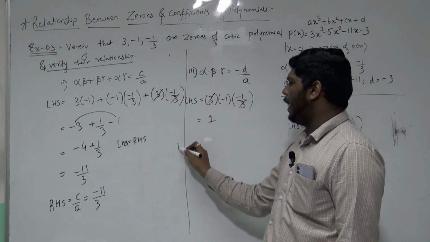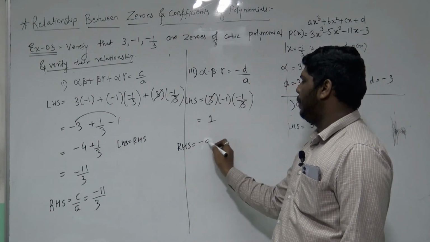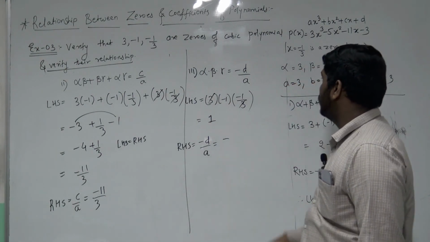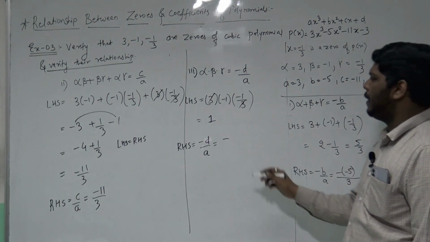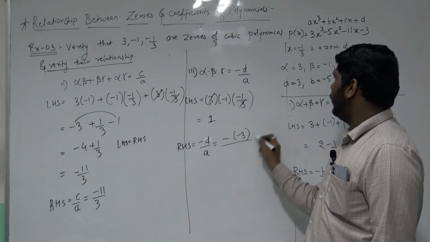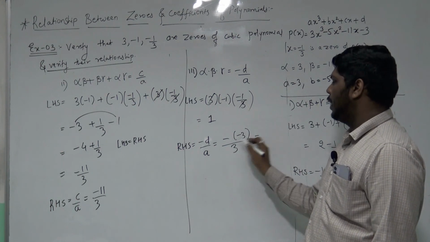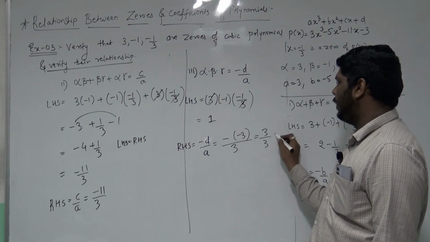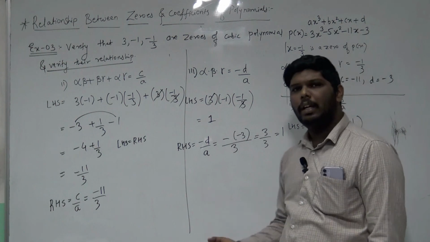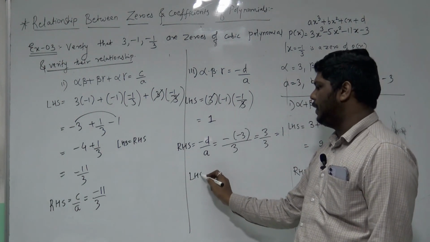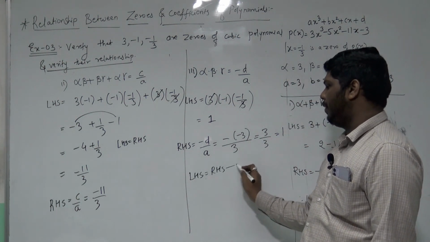And now if you go for the RHS, it will be minus d by a. So minus of, what is the value of d? d is minus 3 and divided by value of a, which is once again 3. So minus of minus is plus 3 by 3, that is equal to 1. So once again both are giving me the same value. So we can say LHS is equal to RHS, verified.